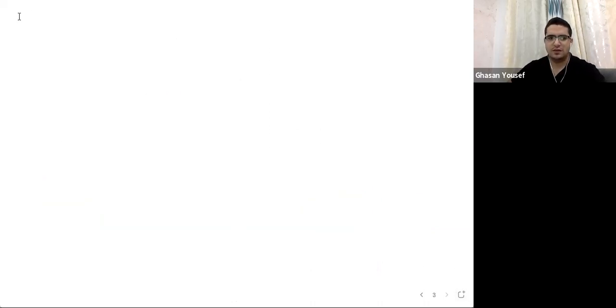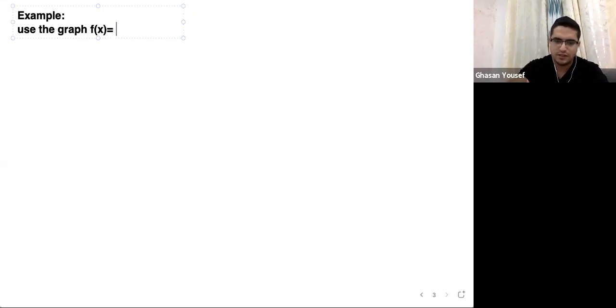So my example now, use the graph f of x. I'm giving you the example. I give you the original function here. You don't have to think what is your original function. Your original function is f of x equal 2 to the power x.